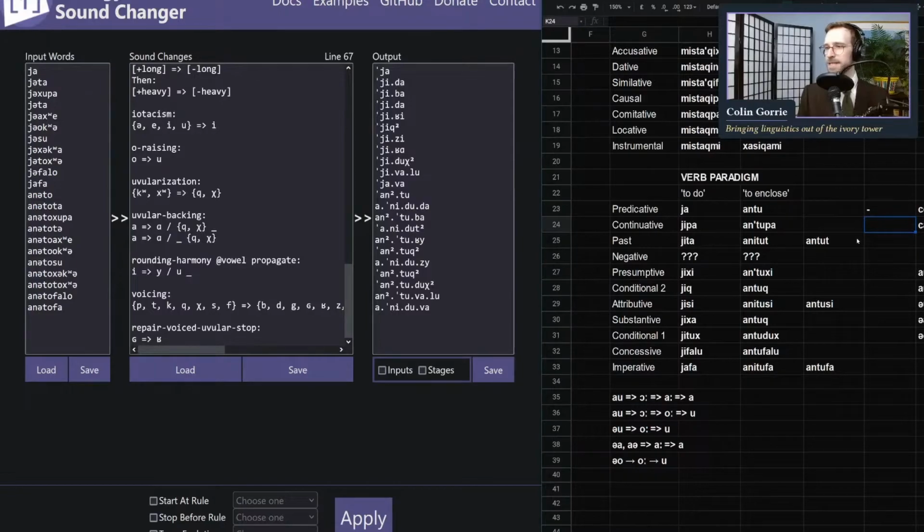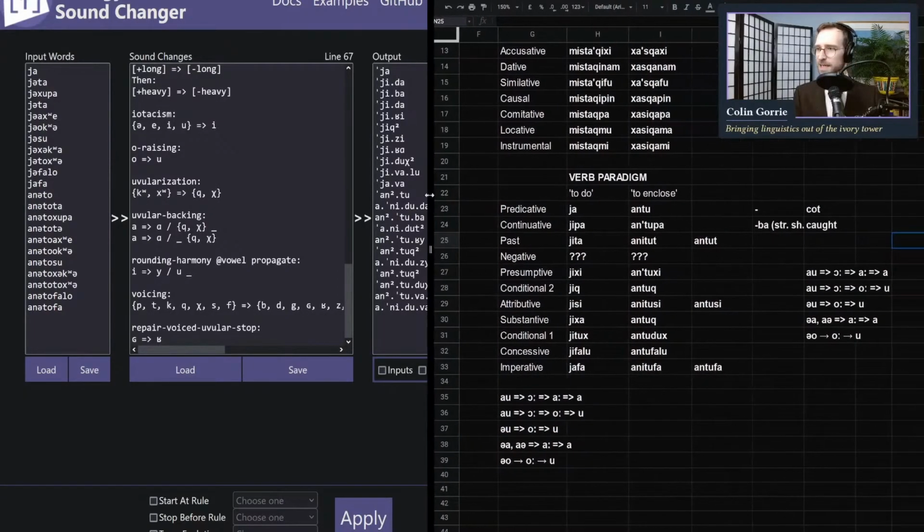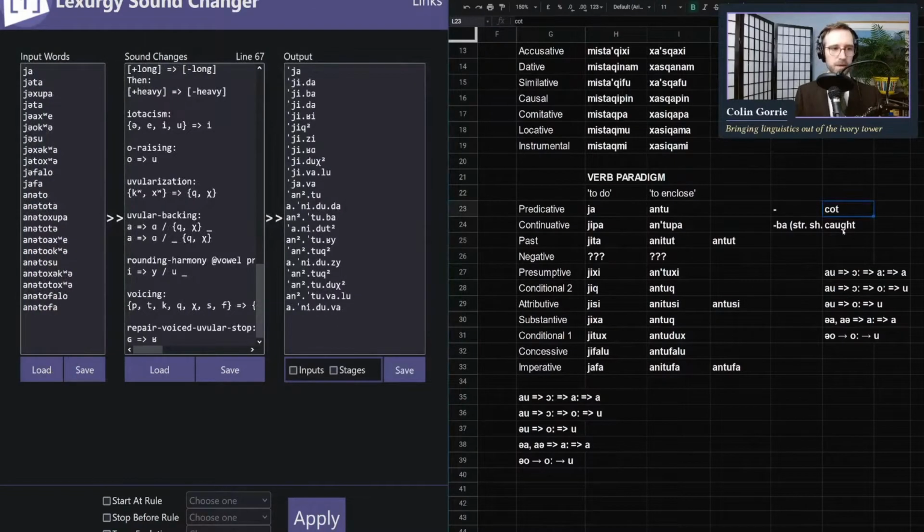We have something like ba with stress shift. I don't know how to write that concisely. So let's just move us over a little bit, please. There we go. We don't need this.